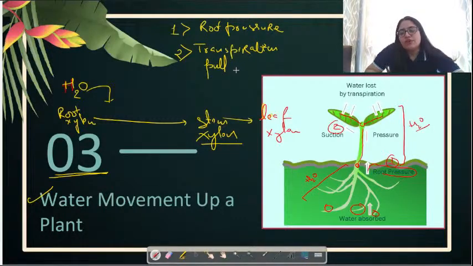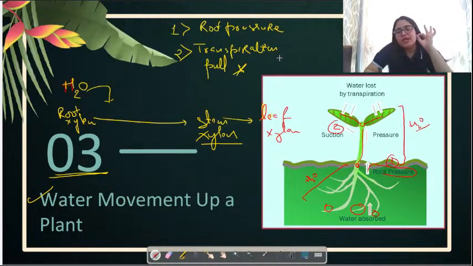So water is majorly moving up a plant because of this transpiration pull, while the root pressure at most tries to re-establish the continuous stream of water in the apoplastic pathway present in the xylem inside a plant. So root pressure is not the major driving force responsible for moving water up. It is rather the transpiration pull.